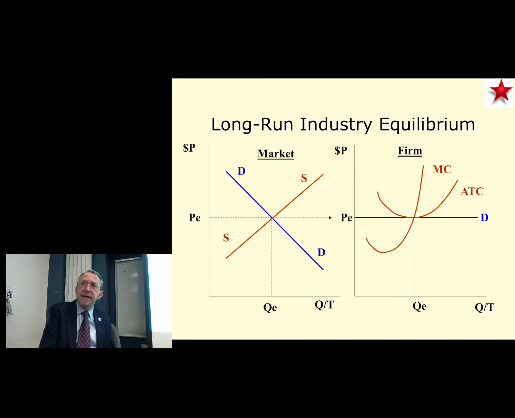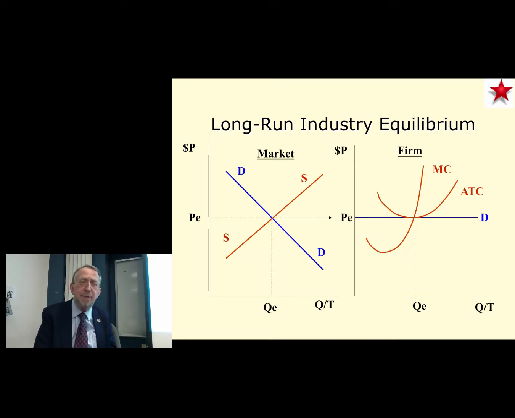Notice something interesting though about this. Price times quantity is total revenue, so you can see it's that rectangle. And then average cost times quantity is total cost. So you take the average, multiply by the number of units produced, you get total cost. So it demonstrates the firm is making zero economic profits.